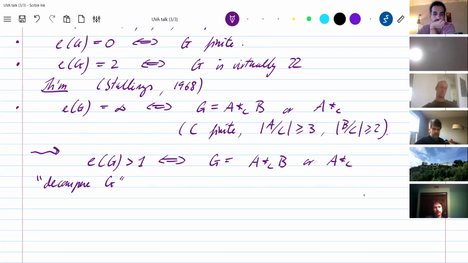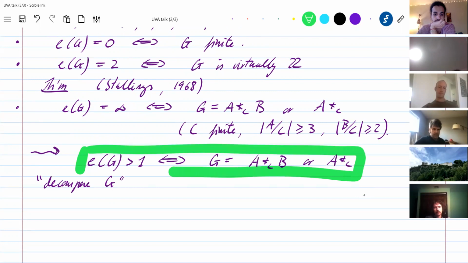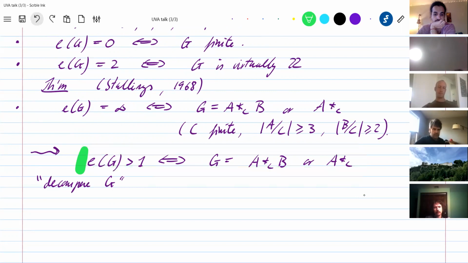Now, suppose we did have such a decomposition. So what we could ask ourselves is, of course, do A and B decompose further? Once I've already split my G up into these nicer pieces A and B, I can ask myself, can A and B also be split up into an amalgamated free product?